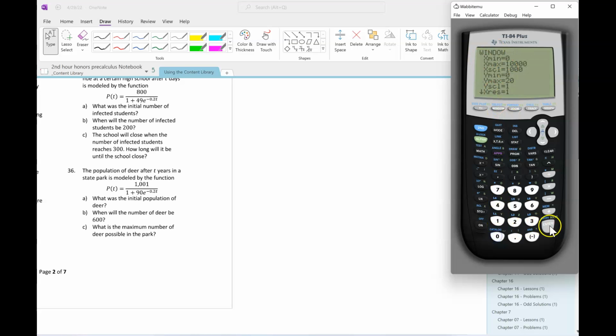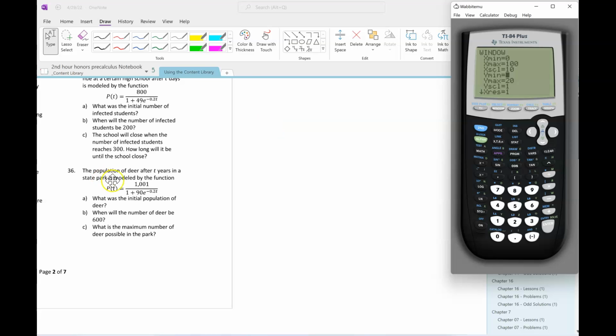I'll go 0 to 100 on my x, because I don't really know what to expect there, but probably we're talking about a population of deer. I would think 100 years is probably a long time for deer populations, because they don't live that long, right? Like 10, 15, 20 years. I don't know how long a deer lives. Probably not like 100.